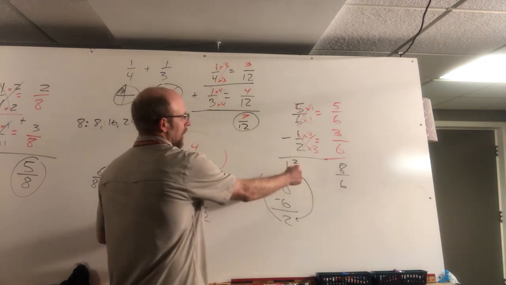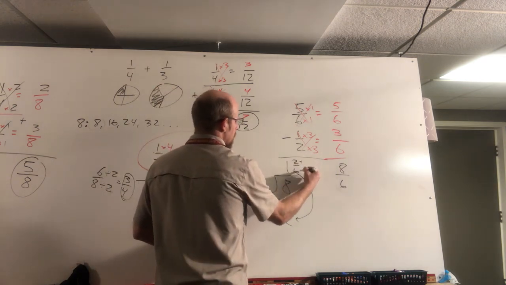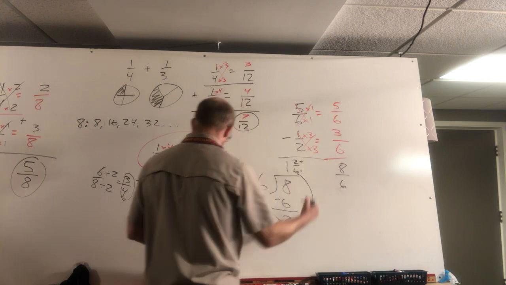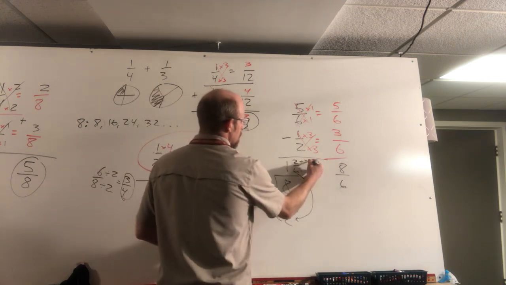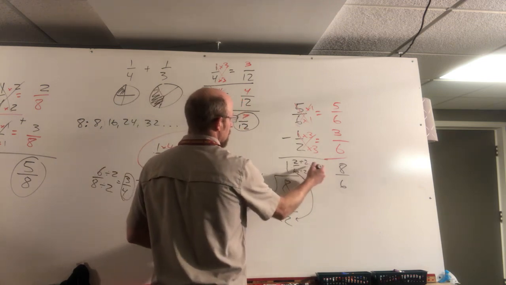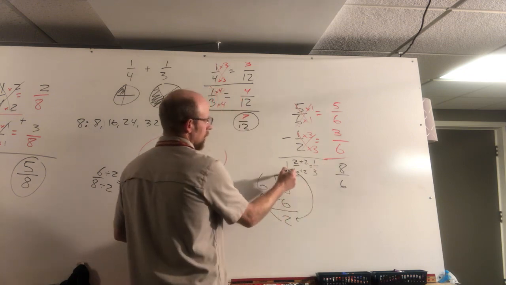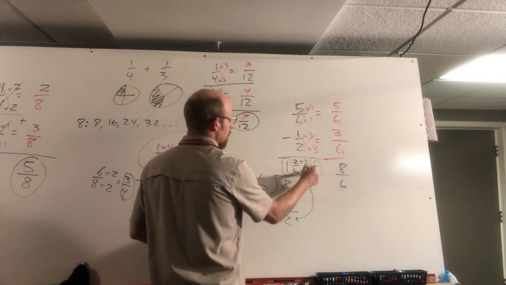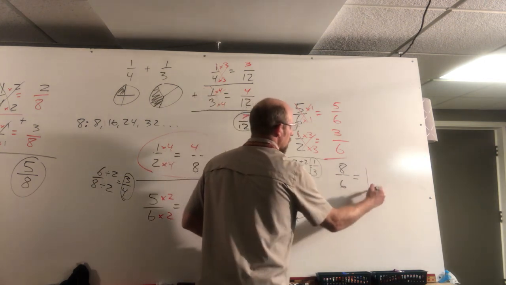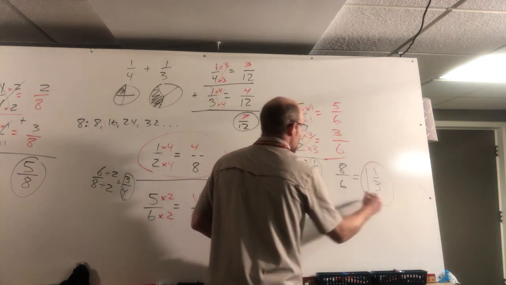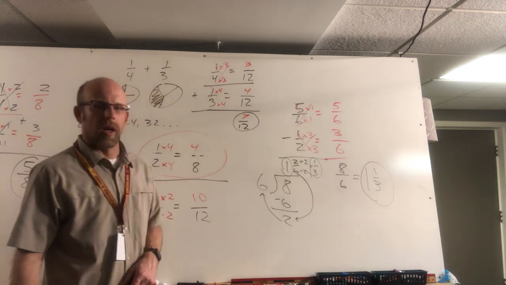2 sixths cannot be left alone. Okay, divide by, okay, which is divide by 2. So 2 divided by 2 equals 1. 6 divided by 2 equals 3. So you have your 1 and your 1/3. So this would equal 1 and 1/3 as your final answer. Okay?